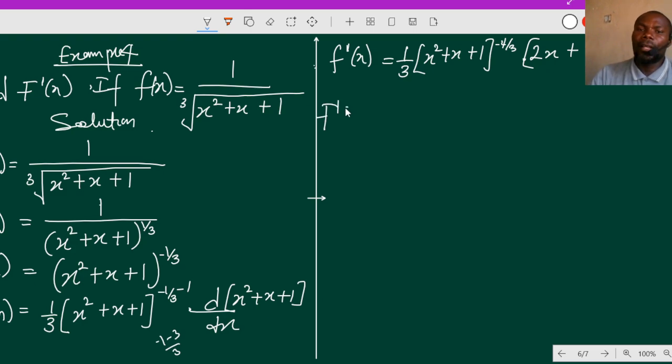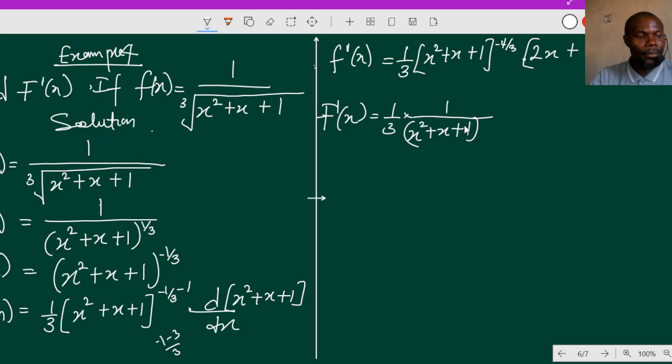So f1x will now give you 1 over 3 times 1 over x squared plus x plus 1 all raised to power 4 over 3 dot 2x plus 1.